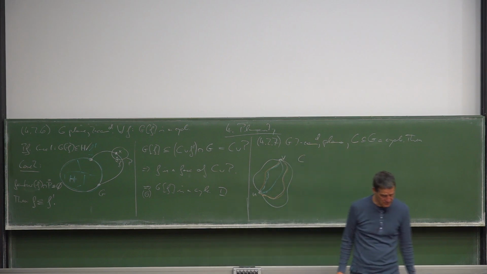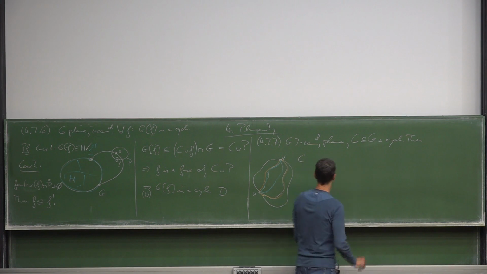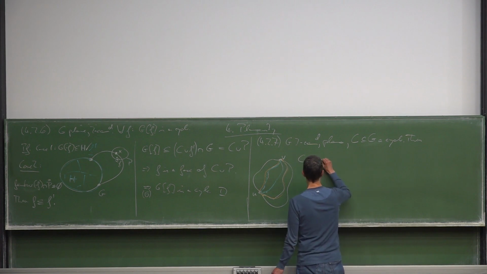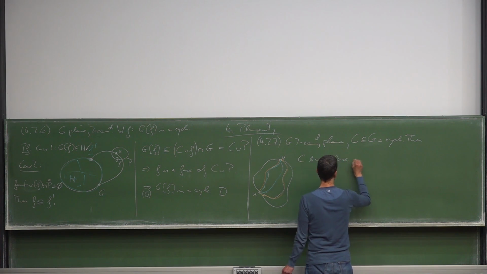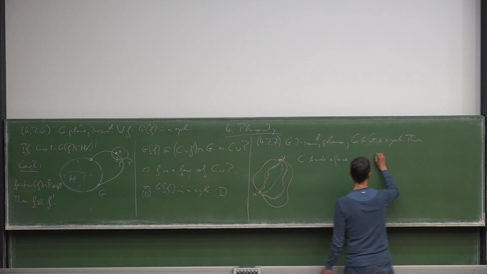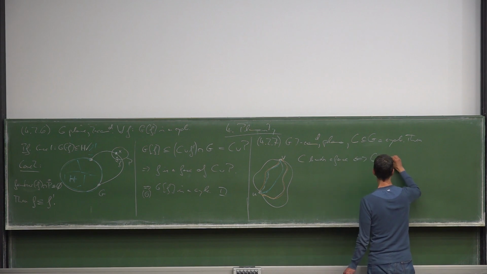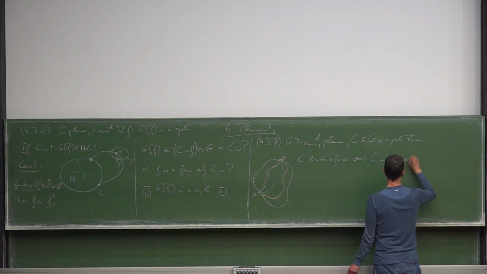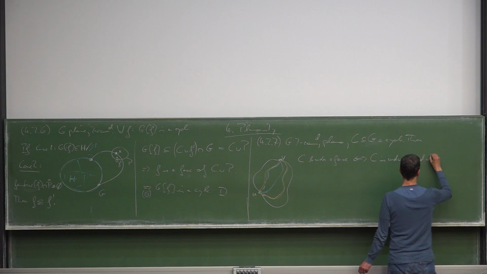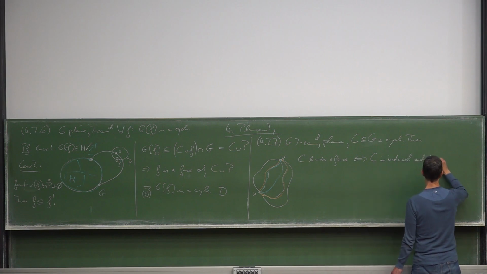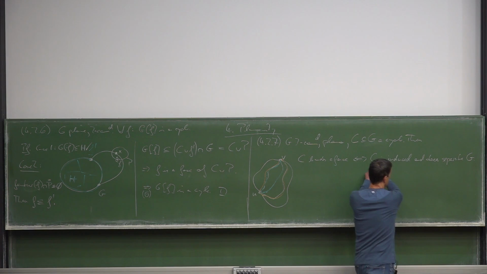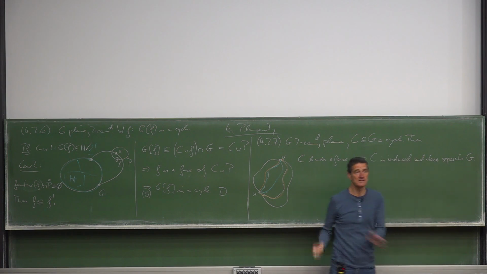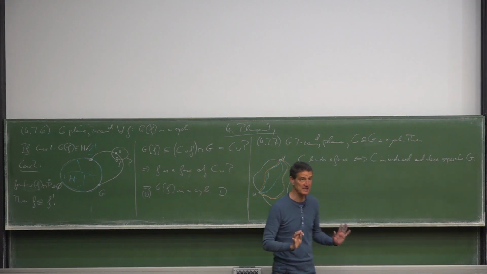C bounds a face if and only if C is induced and does not separate G in the graph sense. Right? The whole point is that this is a statement that doesn't refer to the plane. That's a combinatorial statement about graphs.